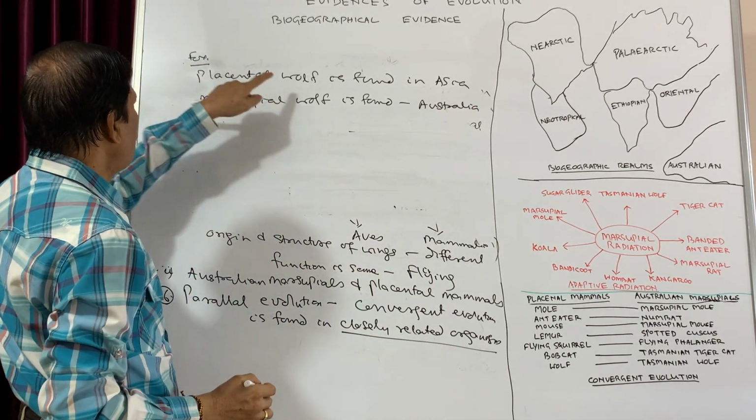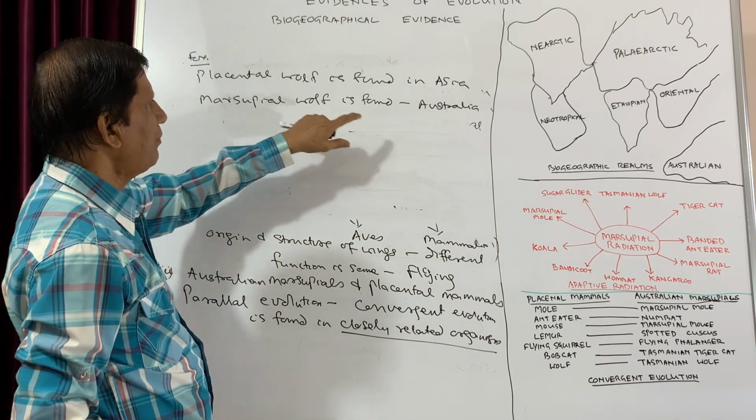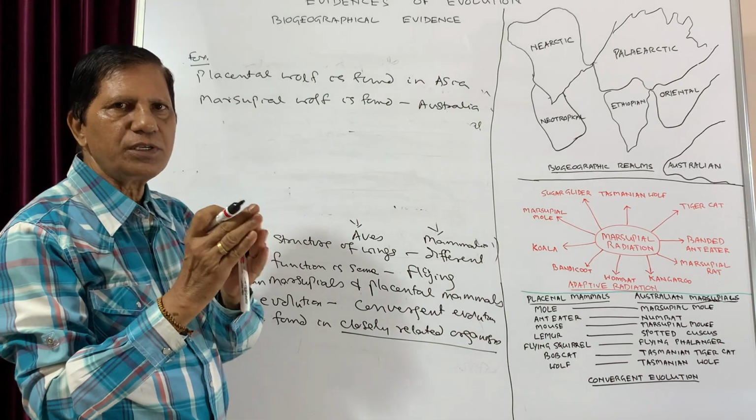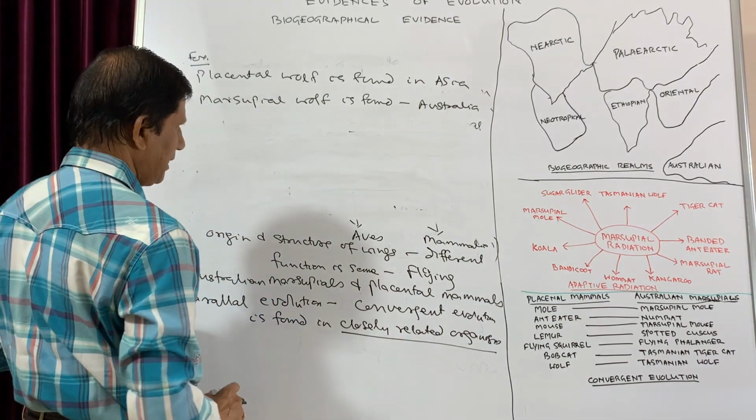Now this placental wolf and marsupial wolf are found in two different regions, but they are closely related. So this is one example.